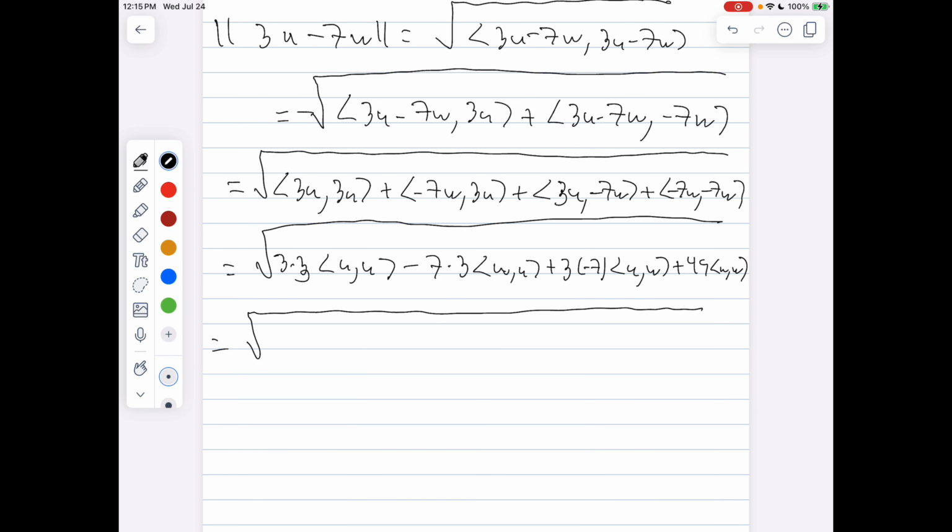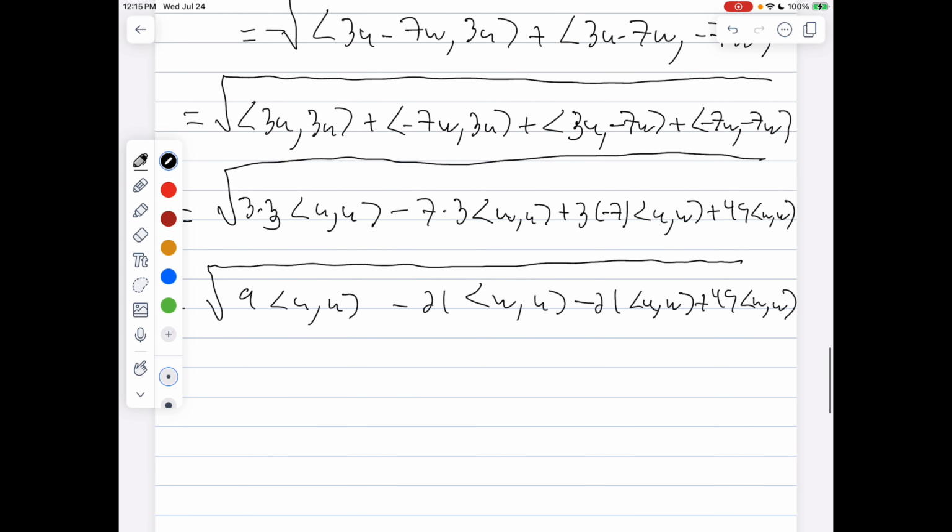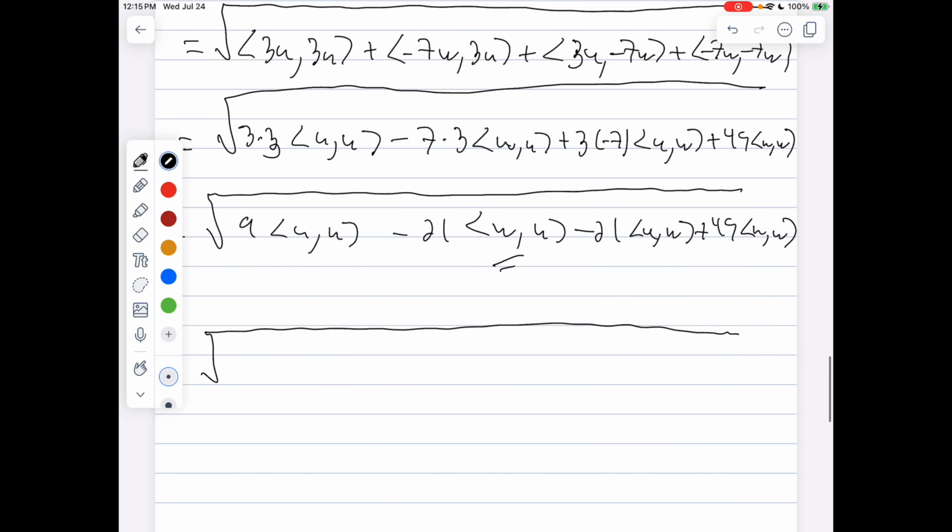I'm going to take this 9, rewrite it as 9 uu minus 21 wu minus 21 uw, and then plus 49 ww. And let me just change this real quick to u, and I pretty much almost have everything here, except I don't have explicitly written what wu is, but I do know that it's the same thing as saying uw.